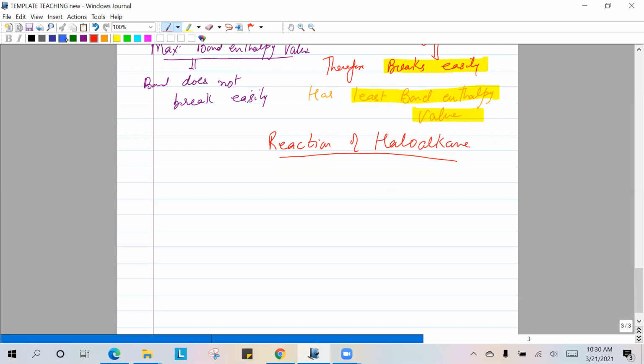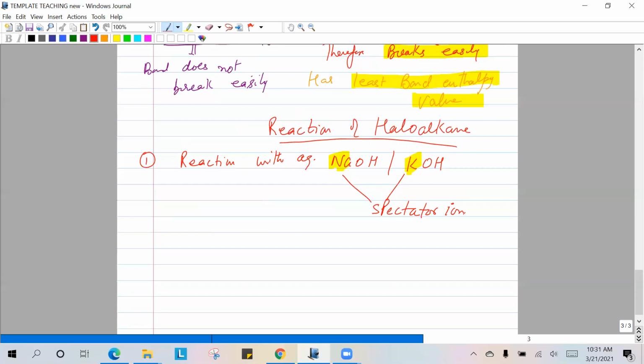So the first one is the reaction with aqueous NaOH or KOH. They can give you either NaOH or KOH. The reason is that Na and K are spectator ions, so whether you have Na or K, it does not matter.